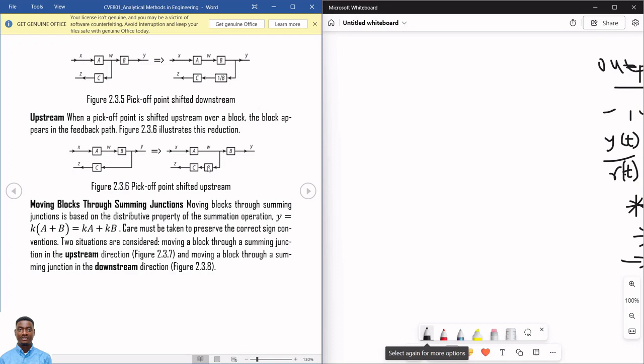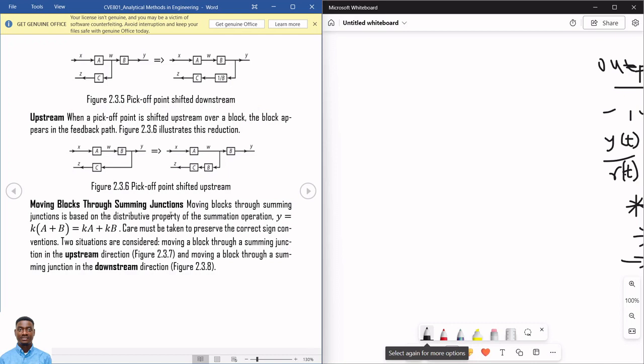Now we want to go to moving a block or blocks over the summing junction, which means you have a block and you move that block over the summing junction. In this case, you need to work with the mathematical model of the blocks.